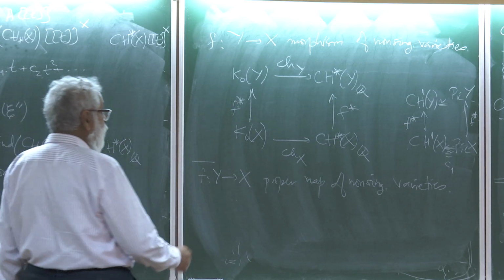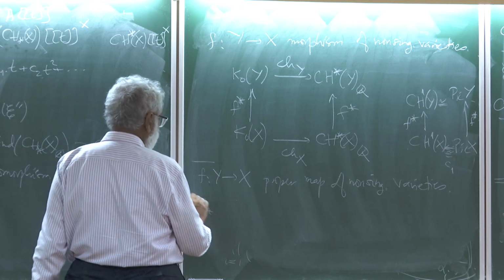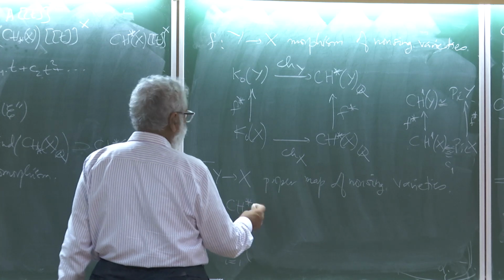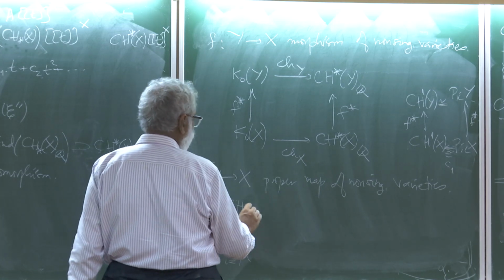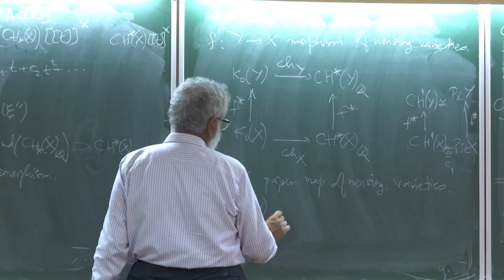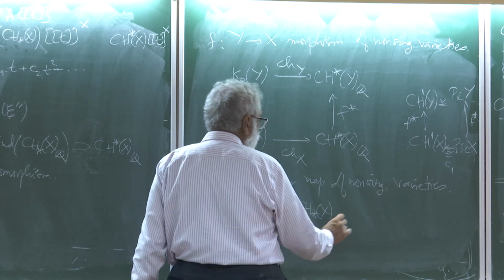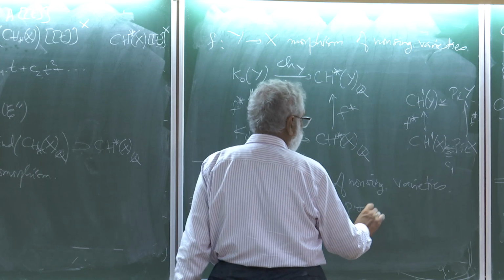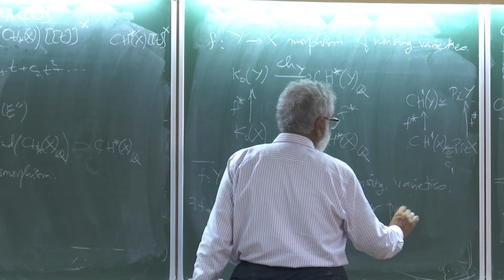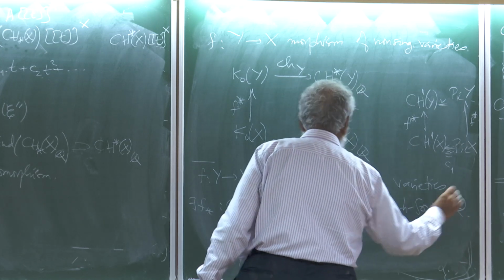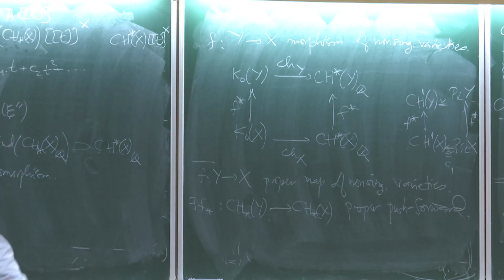So at the Chow level, we do have f lower star: Chow lower star Y, with or without Q coefficients, to Chow lower star X. Proper push-forward. This was a fairly straightforward thing. I didn't need non-singularity. I think properness is enough for this.